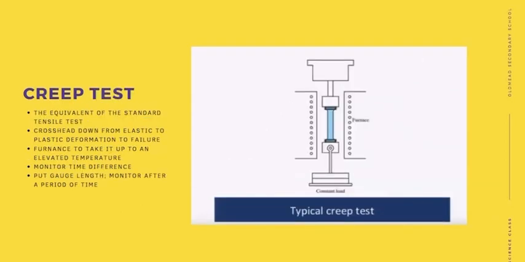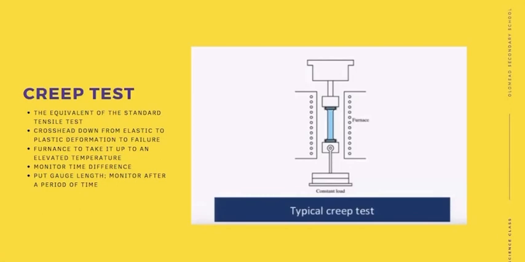As you can see, this test is somehow the same as the tensile test, but there is something different between the two of them. This is the equivalent of the standard tensile test. But look at the below part, at the constant load. You can see that there is a crosshead going down from the elastic to plastic deformation, and then onto failure. And on the side, you can see that there is a furnace. The furnace is used to take it up to an elevated temperature.